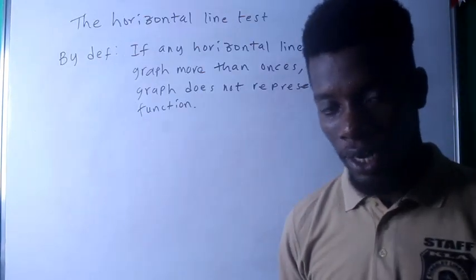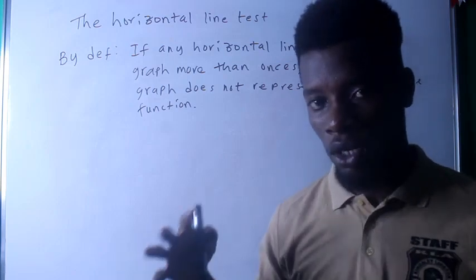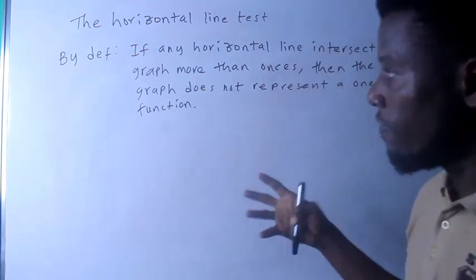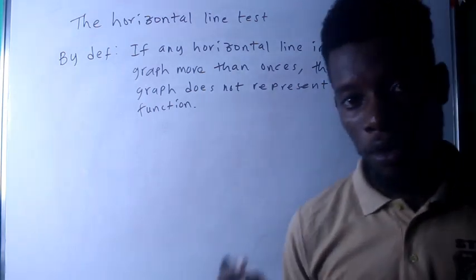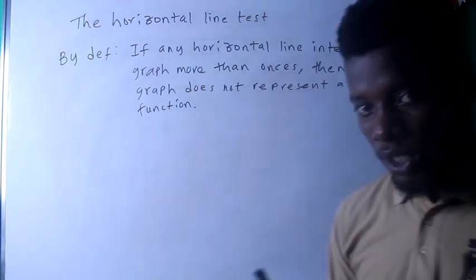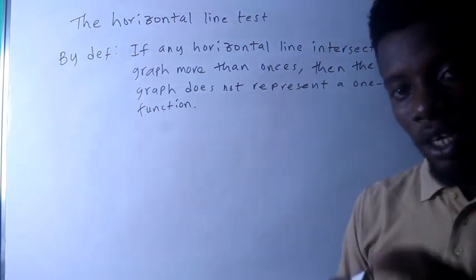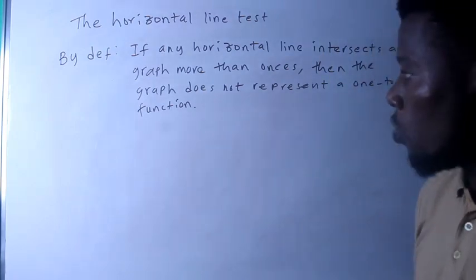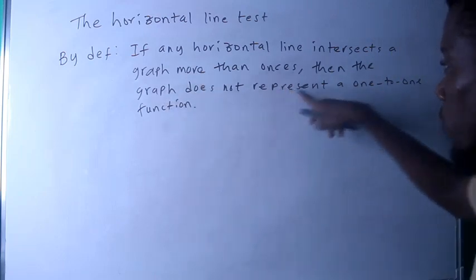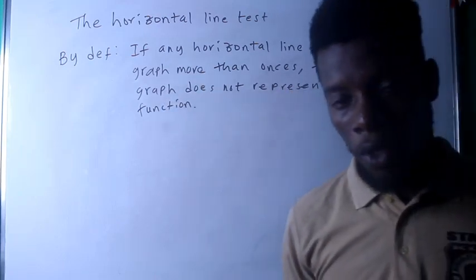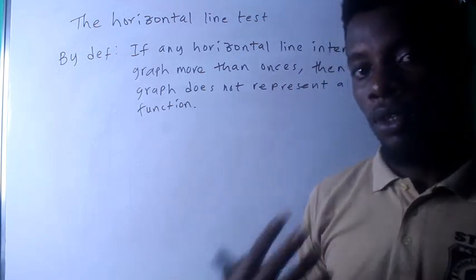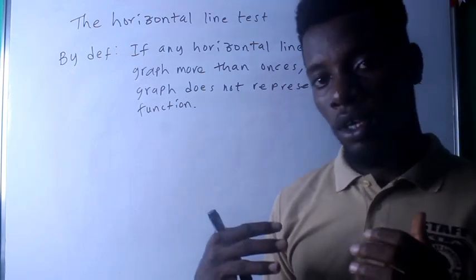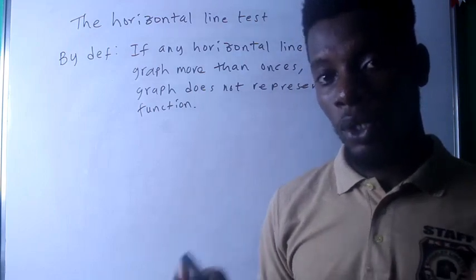It is now a good time to define the horizontal line test. By definition, if any horizontal line intersects a graph more than once, then that particular graph is not the graph of a one-to-one function. So we say the graph does not represent a one-to-one function. Remember, the vertical line test is used to tell if the graph of a relation is a function.